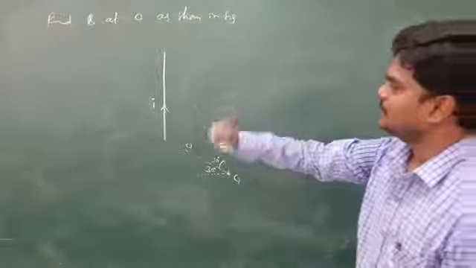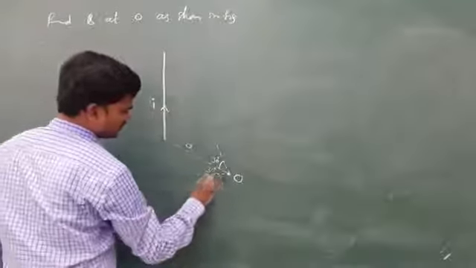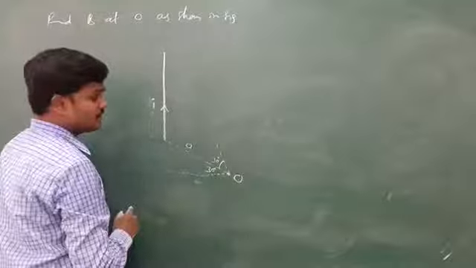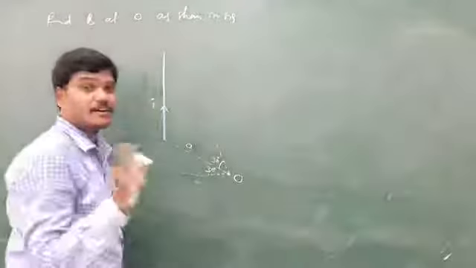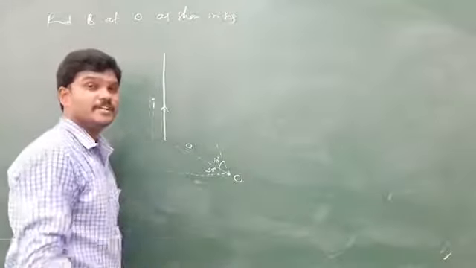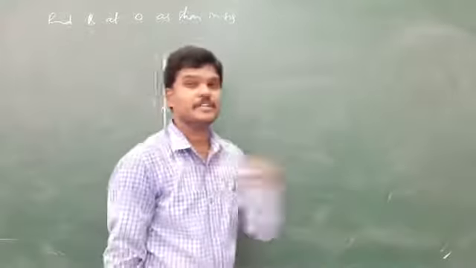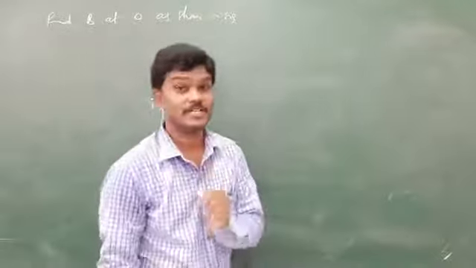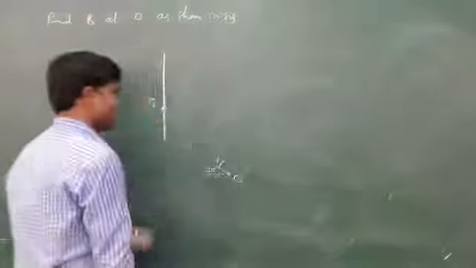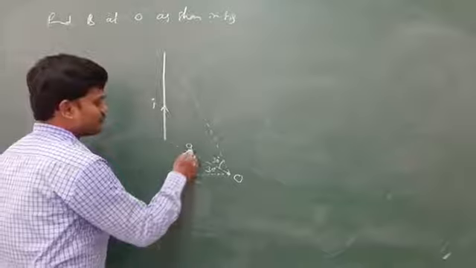To get this, again the same formula. Our formula is mu naught I by 4 pi d, sin alpha plus sin beta. In sin alpha, sin beta, alpha is the clockwise angle, beta is the anti-clockwise angle, and d is the perpendicular distance from the wire. So here, resolve this A into some components.